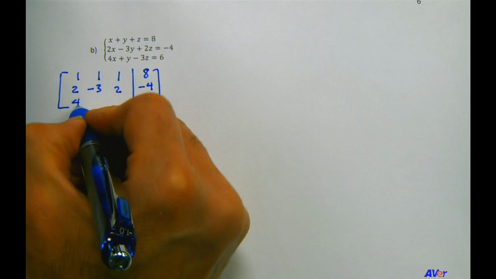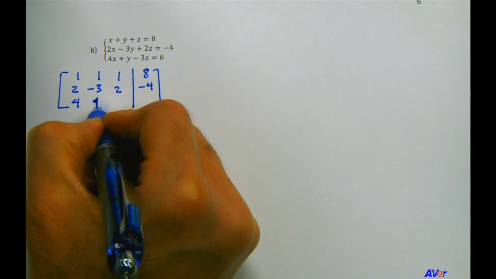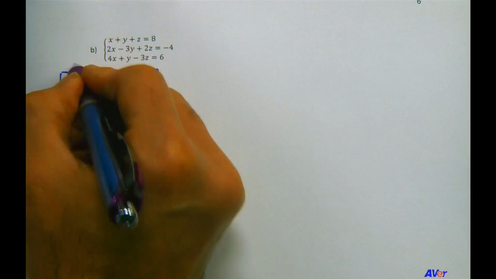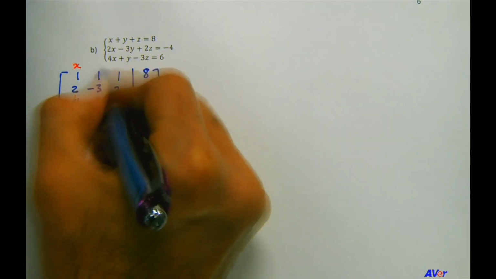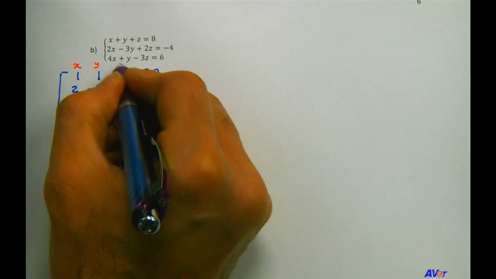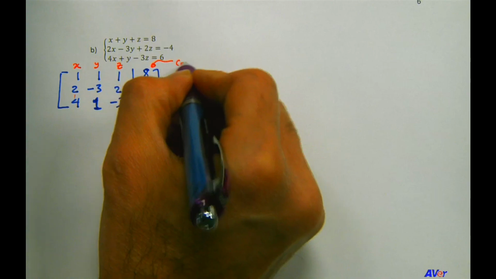Then we have 4, 1, -3, and 6, right? So remember, these are the coefficients of variable x. This column are the coefficients of variable y. This column are the coefficients of variable z, and these are the constants.